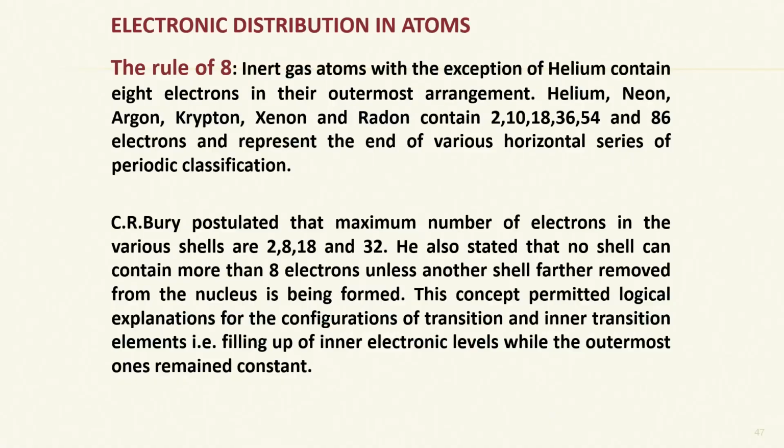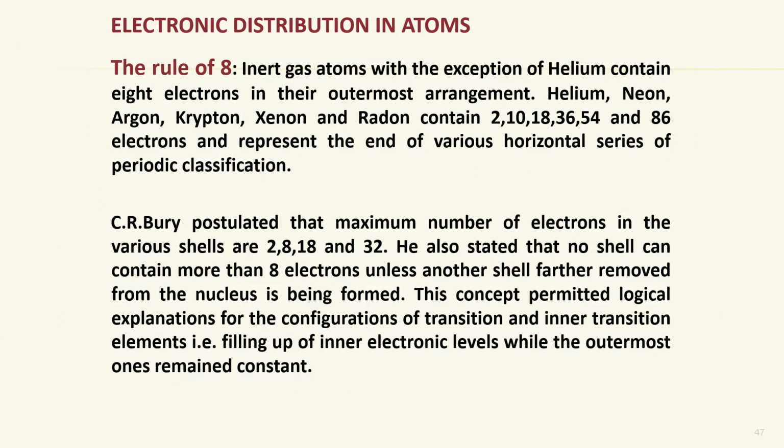Another possibility was postulated by Dr. C.R. Bury. He postulated that the maximum number of electrons in various shells around the nucleus could be maximum 2, 8, 18 and 32, more than that you can't have.